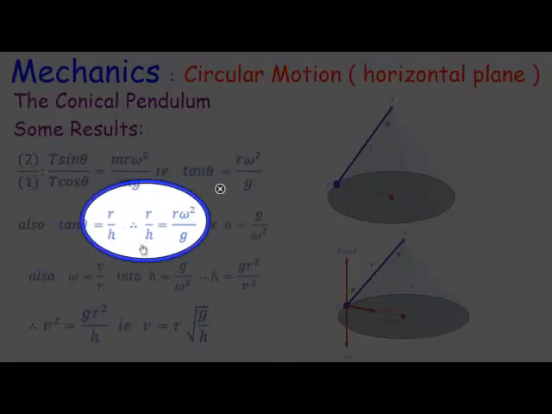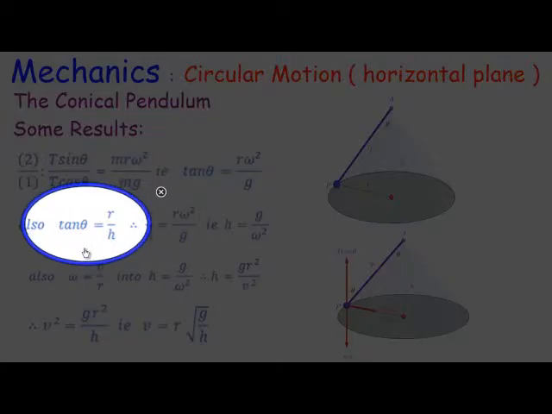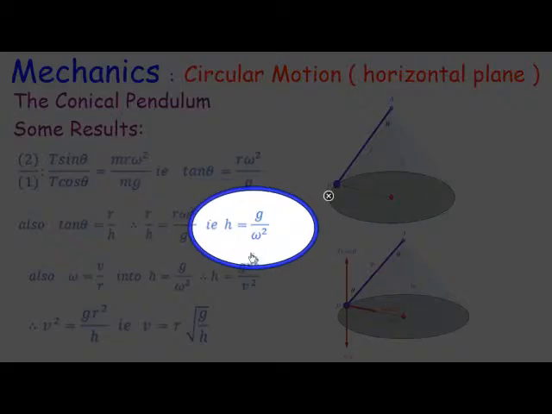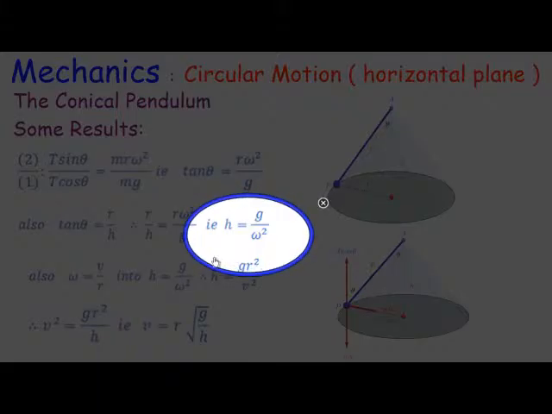And if you use that tan theta is also equal to the radius over the height, you can actually get an expression for the height, g over omega squared. You can see that there.